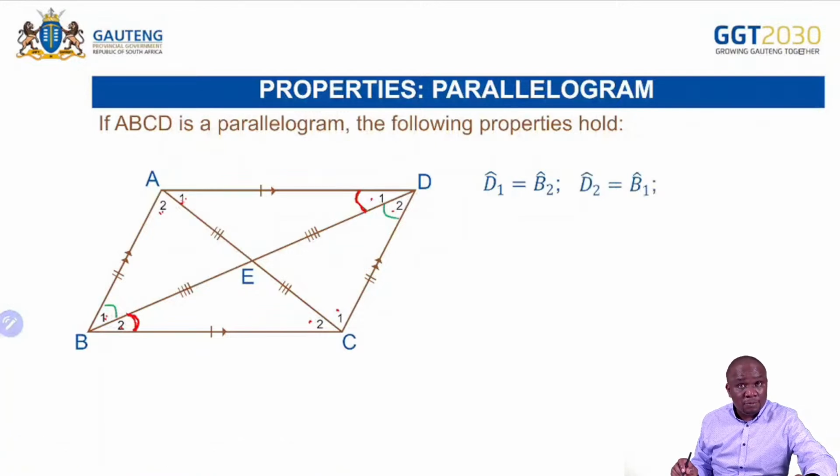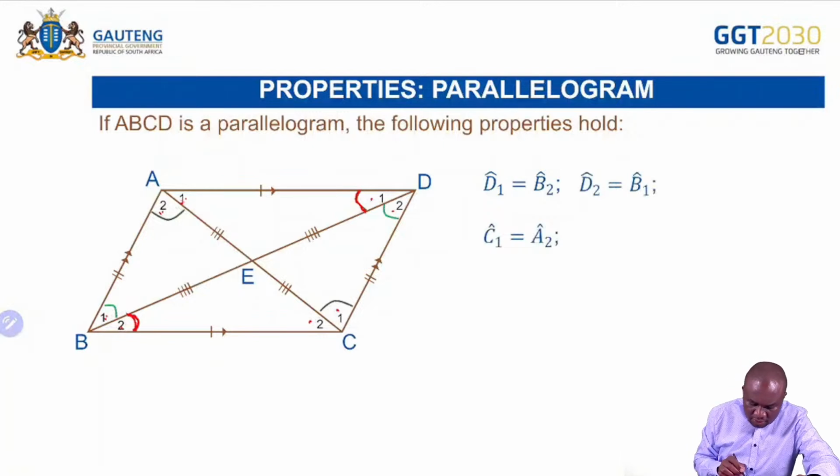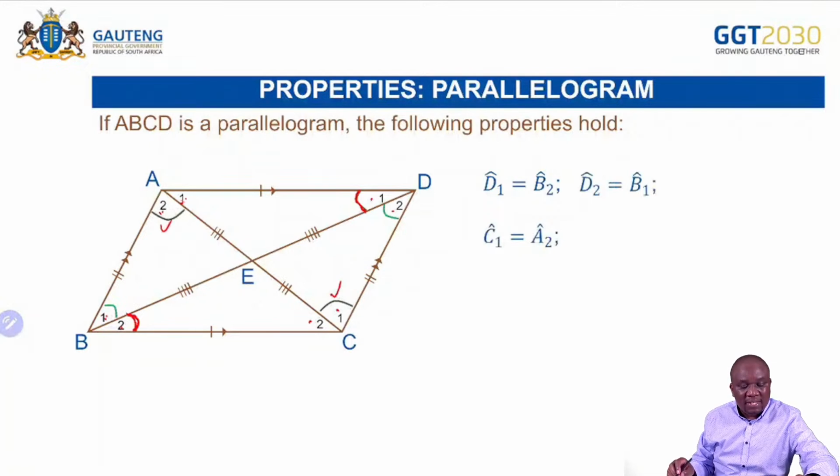We still have two more pairs. We have angle C1 and angle A2. They are alternate angles. The dark green ones, these ones, they are alternate angles again. AB is parallel to DC. Right, angle C1 is equal to angle A2. And then the last pair, angle A1 is equal to angle C2.